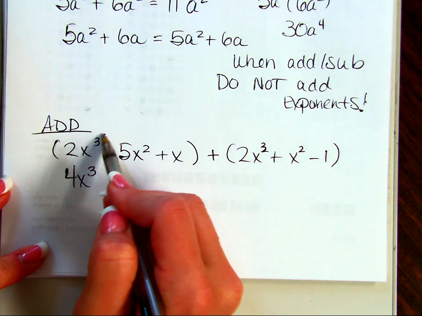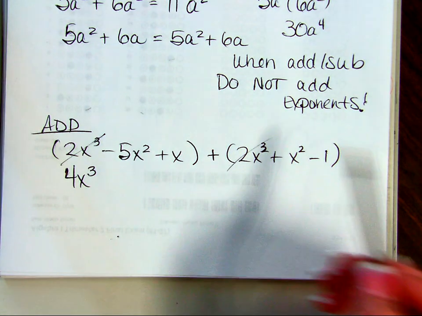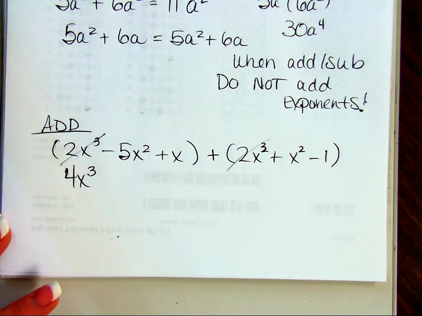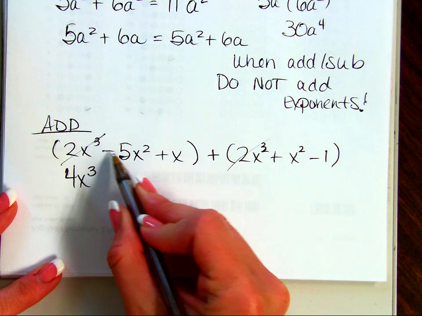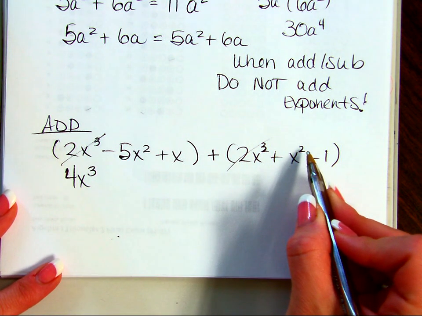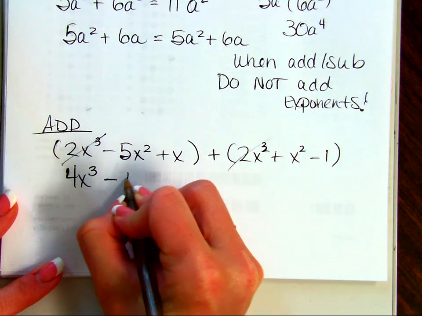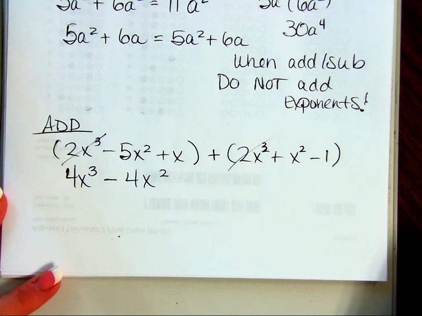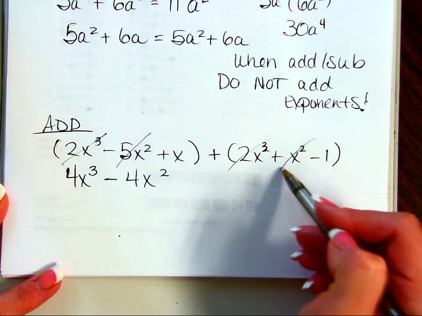And there's a lot to look at, so you may want to just cross that out of the way when you're done with it, so your eyes don't have to look at so much. Next, I have a negative 5x squared and a positive 1x squared. What would that give me when I combine that? A negative 4x squared, right? So now I've combined my x squared terms.